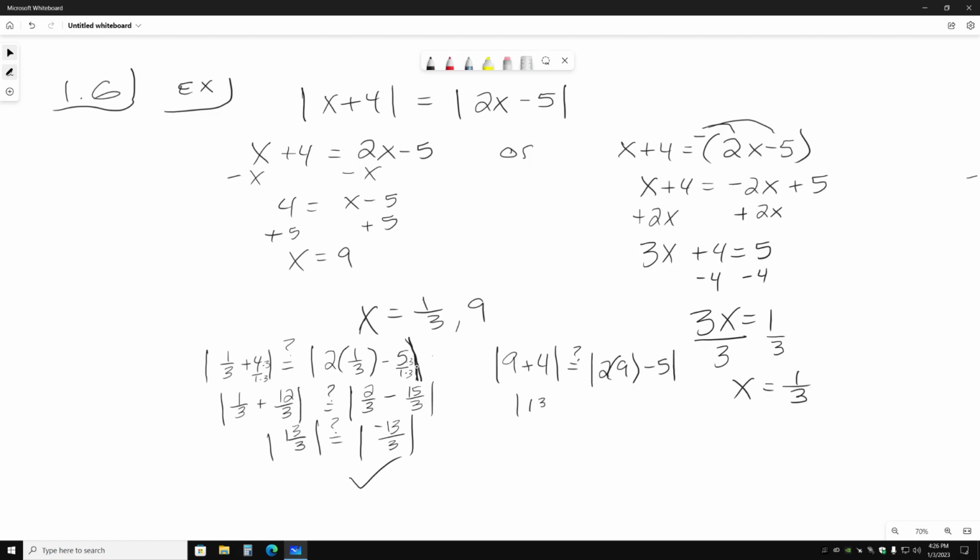So we get the absolute value of 13 equals the absolute value of 18 minus 5. And yes, 13 does equal the absolute value of 13, which means both of our answers do check out.